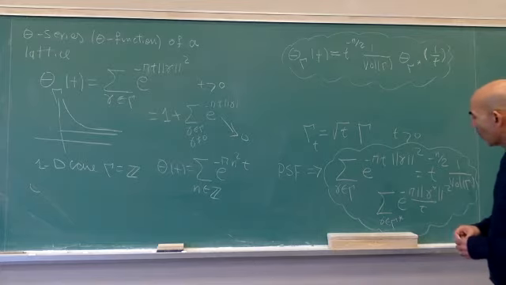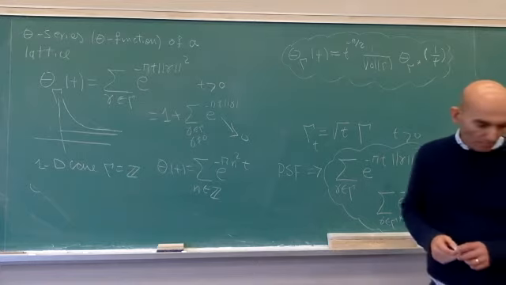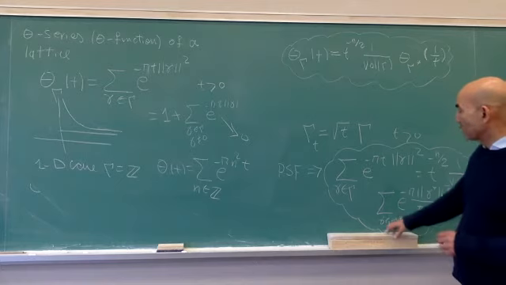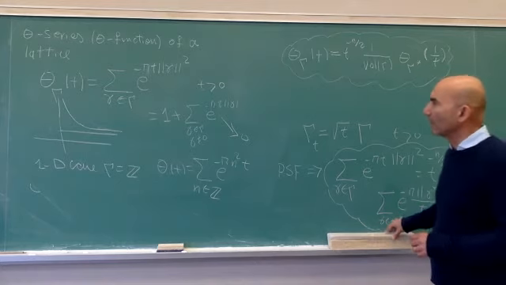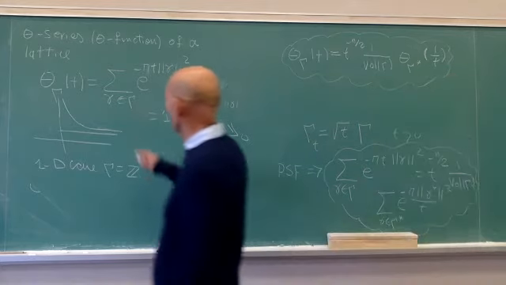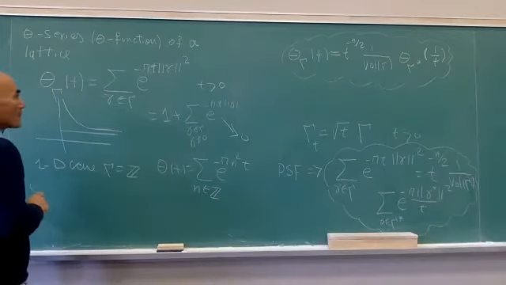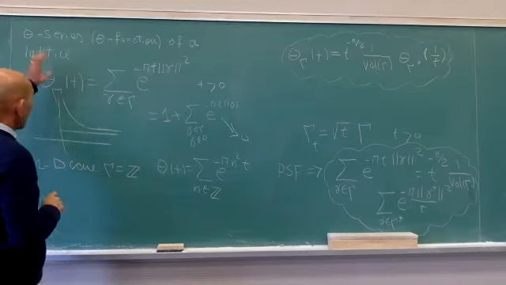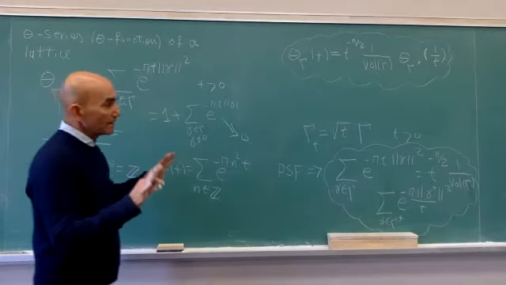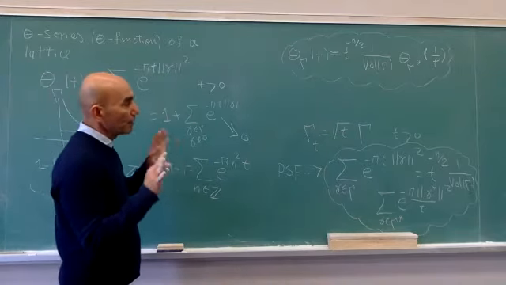Now, what do we want to do with this? First of all, let me make a little comment about this theta function. You see, 2 lattices, now this should be clear.